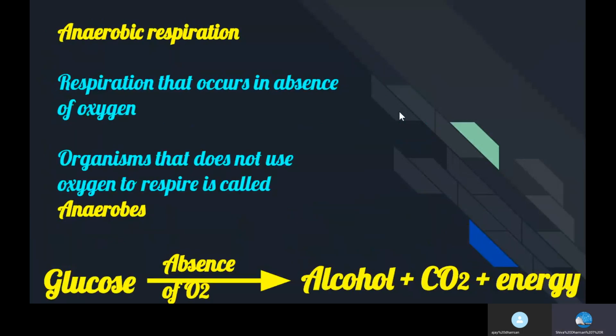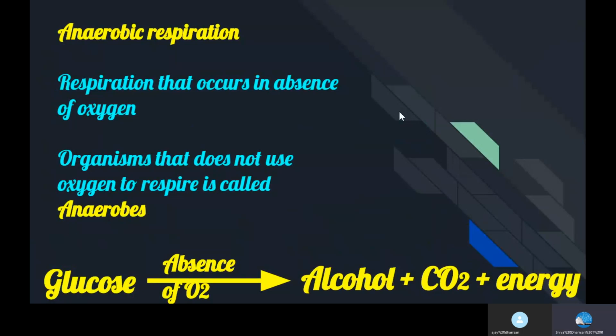Anaerobic respiration: when glucose is broken down without use of oxygen, it is called anaerobic respiration. Organisms that can survive and obtain energy in the absence of oxygen are known as anaerobes or anaerobic organisms. During anaerobic respiration, glucose is not completely broken down into carbon dioxide and water.